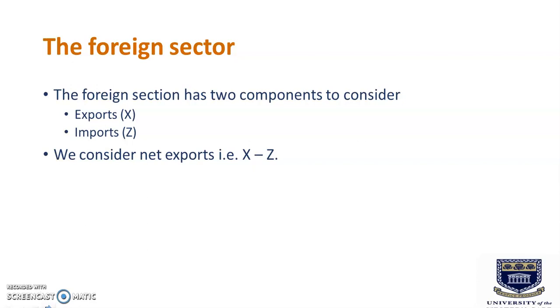From chapter 1, you know that exports are an injection into the circular flow of income and spending, and imports constitute a leakage. Because the last two terms both relate to the country's links with the rest of the world, they are often joined together in brackets. So typically we would put brackets around X minus Z. The difference between exports and imports is usually referred to as net exports.